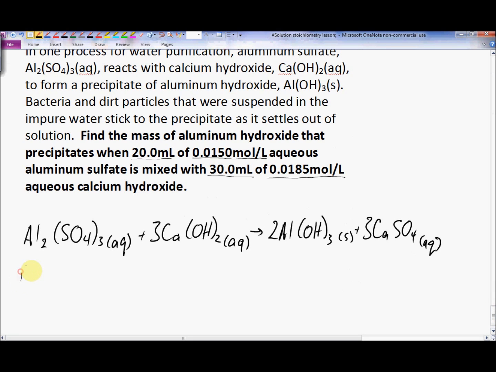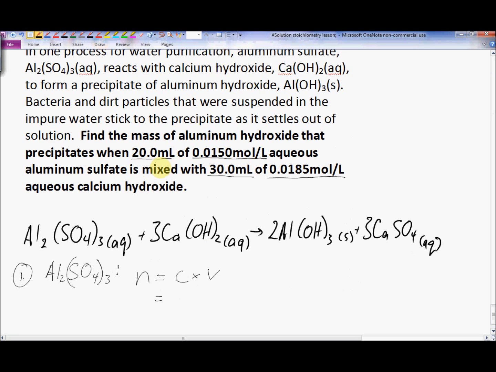Step one, we're going to find the number of moles. We're going to have to find the number of moles of aluminum sulfate and of calcium hydroxide in this case. So let's start with the aluminum sulfate. Number of moles is going to be equal to concentration times volume, of course. So the concentration for aluminum sulfate is 0.015 moles per liter.